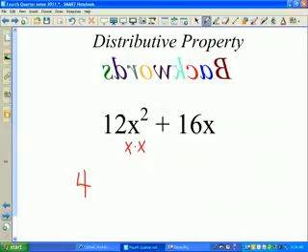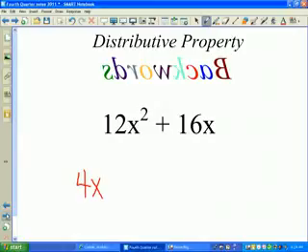So now, I have 2 x's here. I have 1x there. How many x's do they have in common? Hopefully you said 1. I want to know how many they have in common. If you said 3, that's how much they have in total. I don't want to know the total. I want to know what they have in common. So right now, 4x is my greatest common factor.